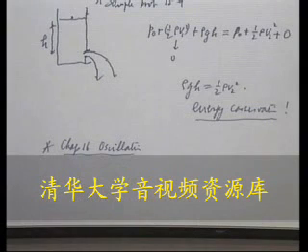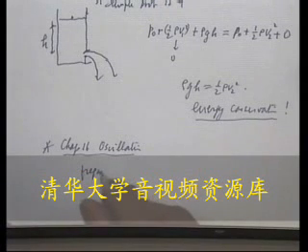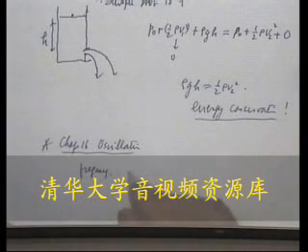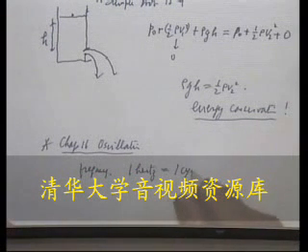Chapter 16, oscillations. Everybody knows that if you have an oscillation, there's a frequency. There's a unit which is called a hertz. 1 hertz is equal to 1 cycle per second.